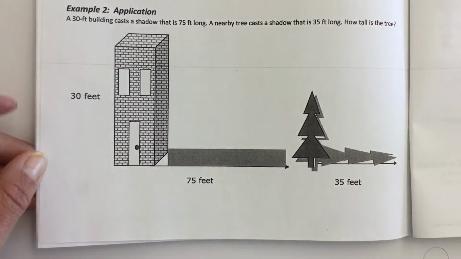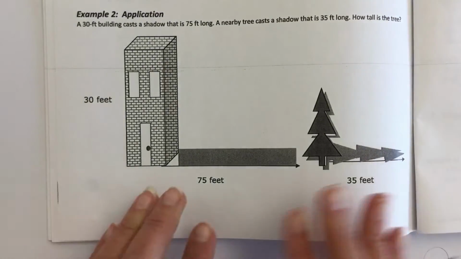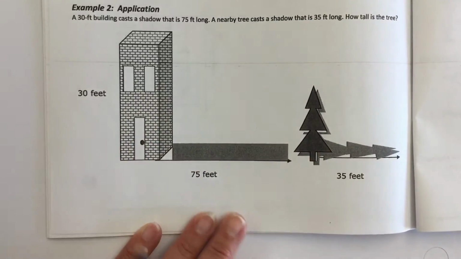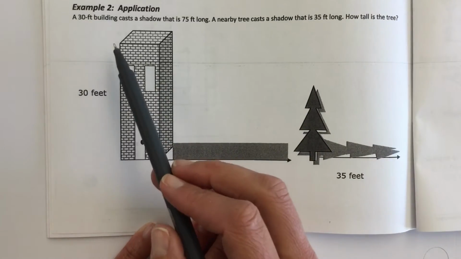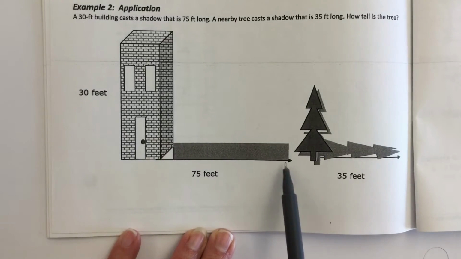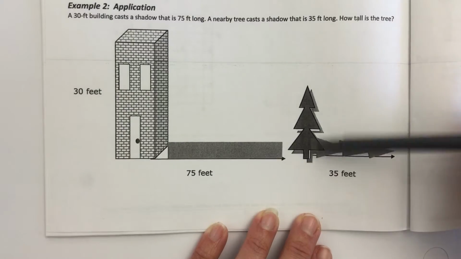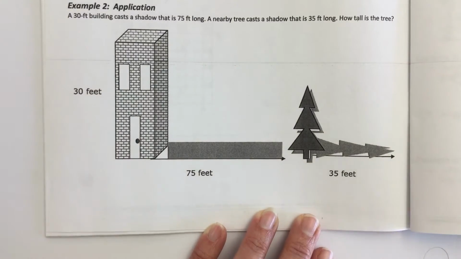Okay. So we've been doing it with triangles and other shapes, but we can apply this to items like this. This is something that works, okay? So it says a 30-foot building casts a shadow that's 75 feet. So at the same time, a tree casts a shadow that's 35 feet.